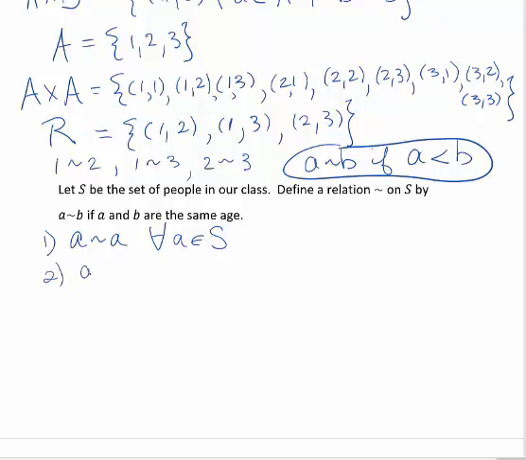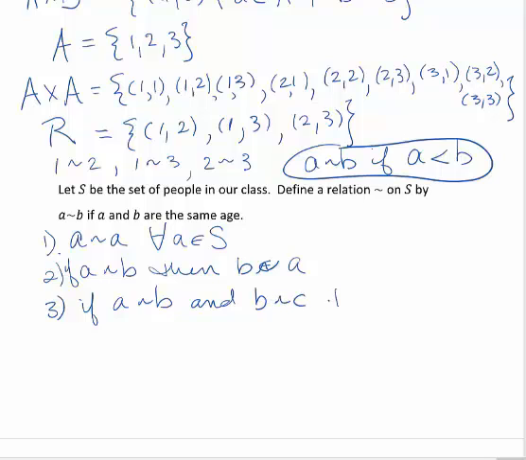2, if A is related to B, then B is related to A. If A is related to B, B is related to A. If one person is the same age as another, then certainly you could reverse that statement. 3, if A is related to B and B is related to C, then A is related to C. And it's obvious, if A is the same age as person B, and person B is the same age as C, then A and C are also the same age.